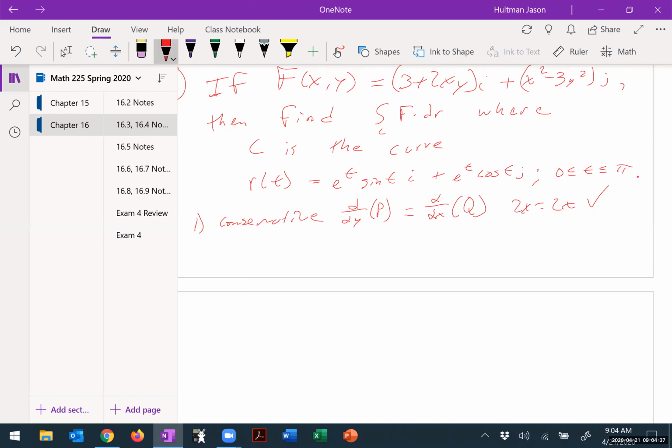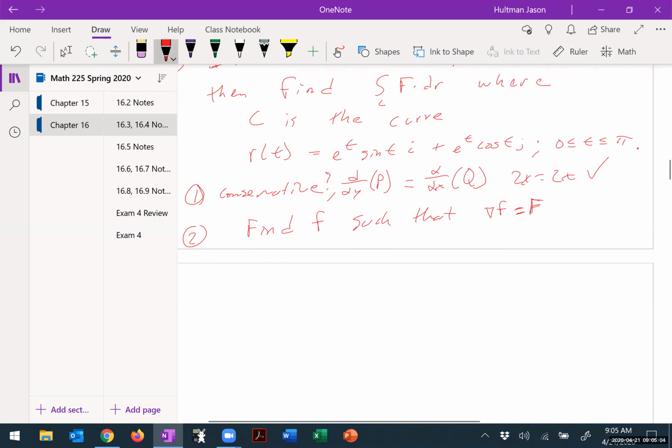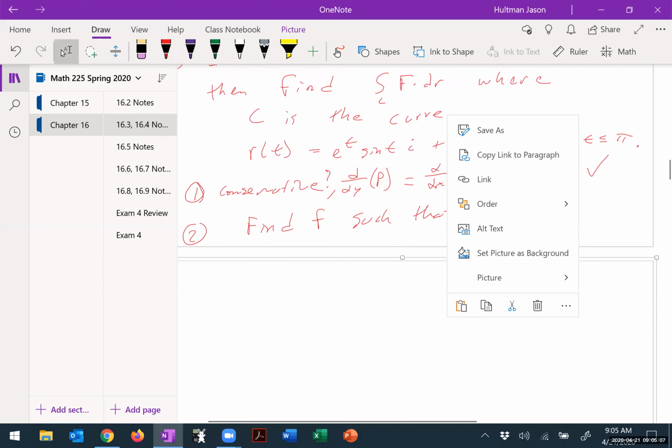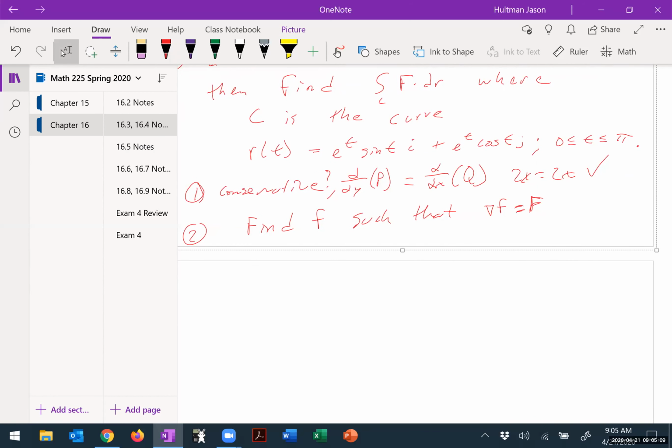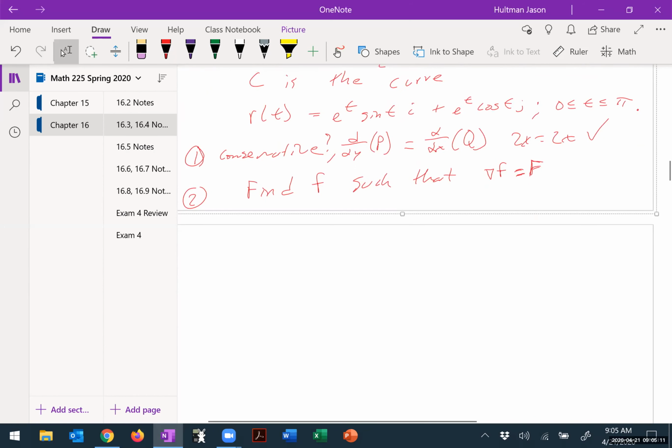Two, I want to find the parent function f such that del of f is equal to uppercase F. Find the parent function. Well, we already did that. That was example 1, I believe. We found the parent function.